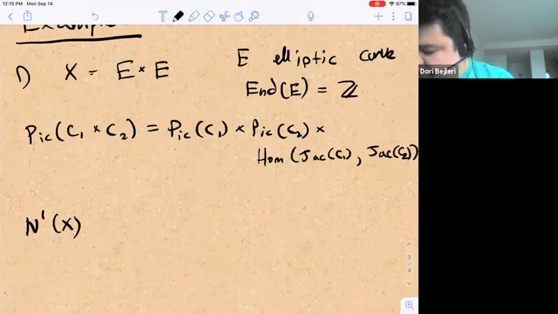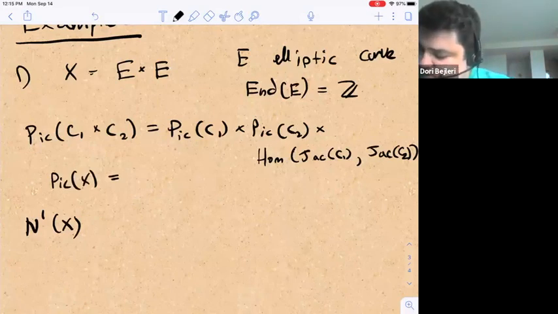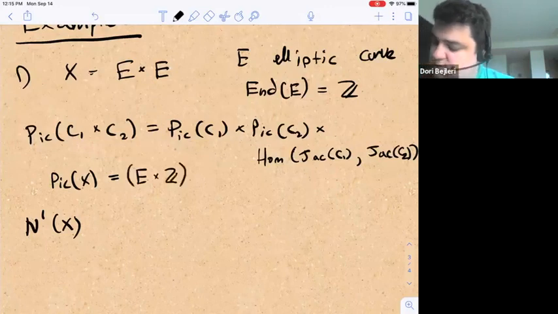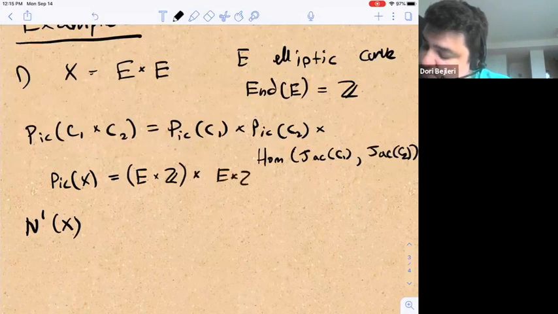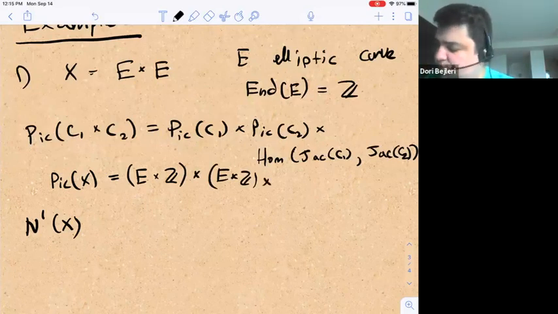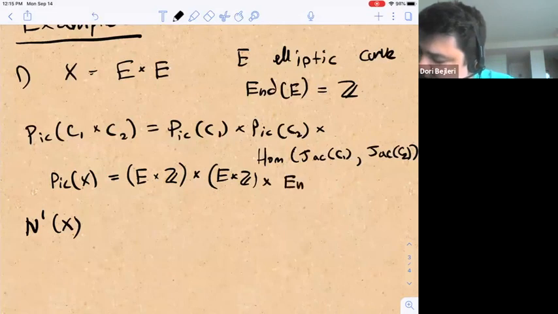So in our case then, Pic X will be essentially E cross Z for the first copy of E, and then another E cross Z for the second copy, since E is its own Jacobian and Z is the degree. And then here we'll have a Hom between the Jacobians, but since these are elliptic curves, this will just be Homs from E to itself.